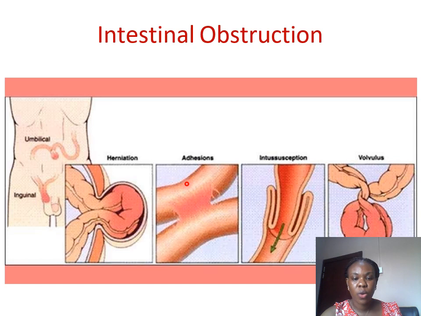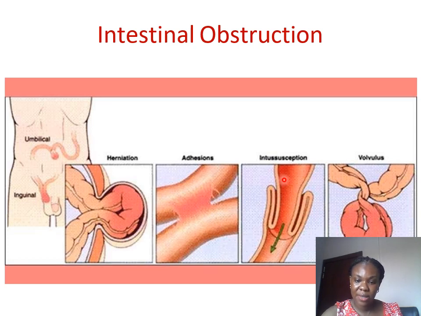Then adhesion is when you have fibrinous bands joining two parts of the intestine, such that it causes a kinking. Once there is that kinking, the food products or intestinal products are not able to move freely, and an obstruction sets in. Intussusception is more common in children.